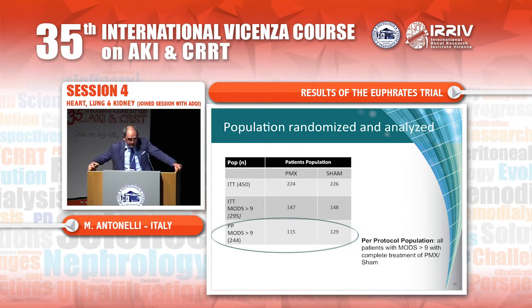If you look at the population randomized and analyzed, we have the intention to treat population represented in the upper part of the table, then the intention to treat population with patients having a multiple organ dysfunction score above 9, and the per protocol population with all patients who had a MODS above 9 and who completed the treatment.